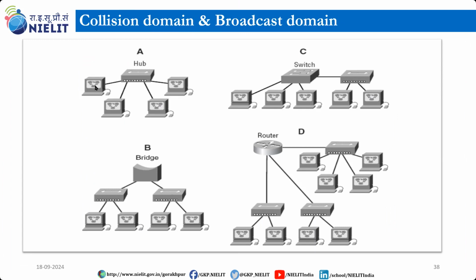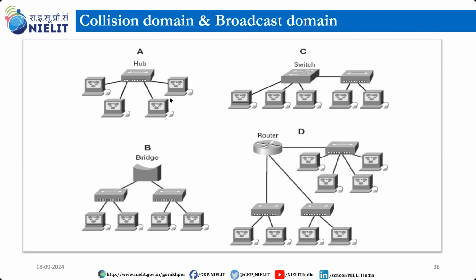So unicast traffic will be generated. It should go to the hub, and from the hub it should come to the second PC. But that is not the case, because the hub always broadcasts the traffic irrespective of the nature of the original traffic, unicast, multicast, or broadcast. So this traffic will be propagated everywhere.